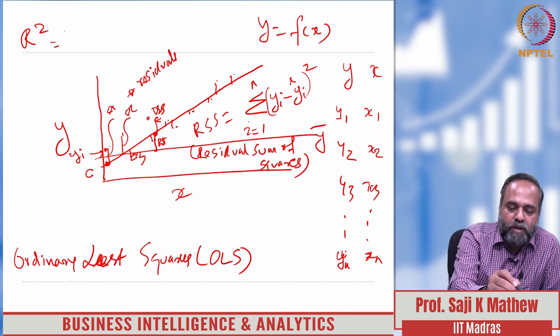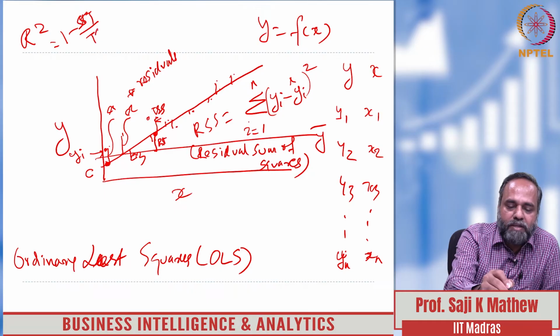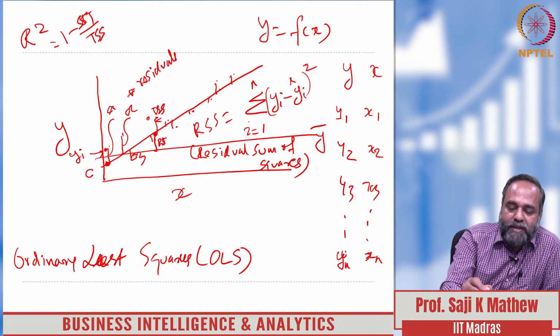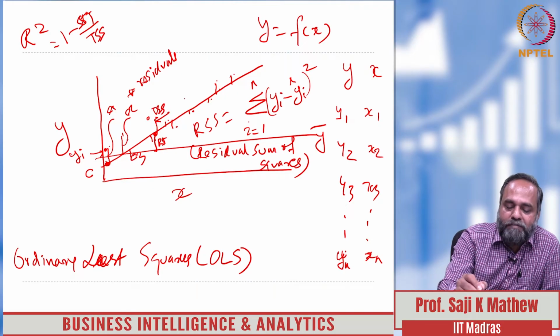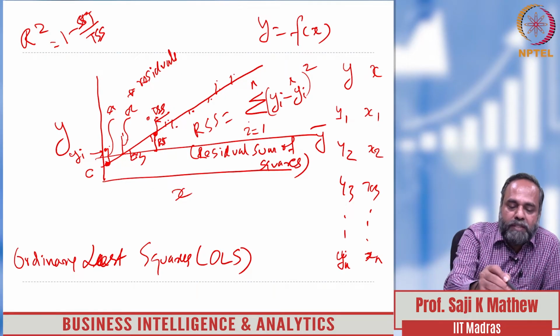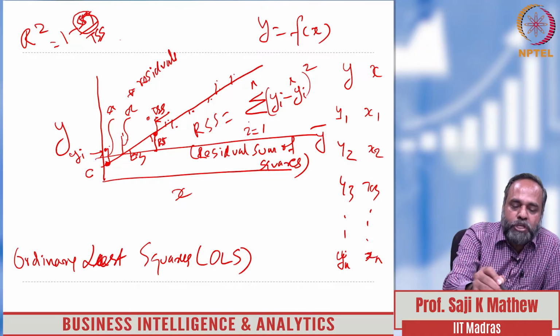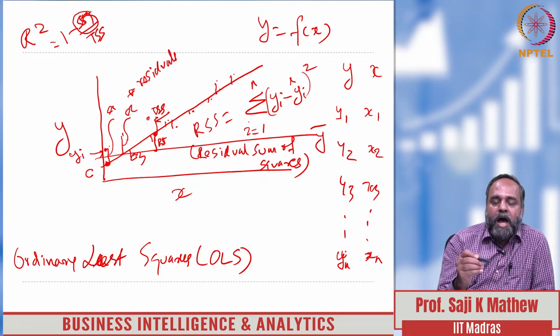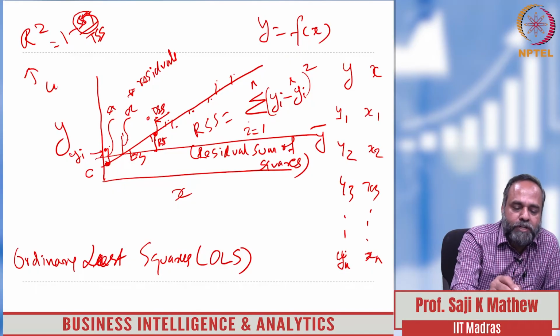So, this will be defined as 1 minus SSE by TSS. So when all the errors are 0, then the numerator becomes 0 and R square becomes 1. That is the principle for R square or coefficient of determination.